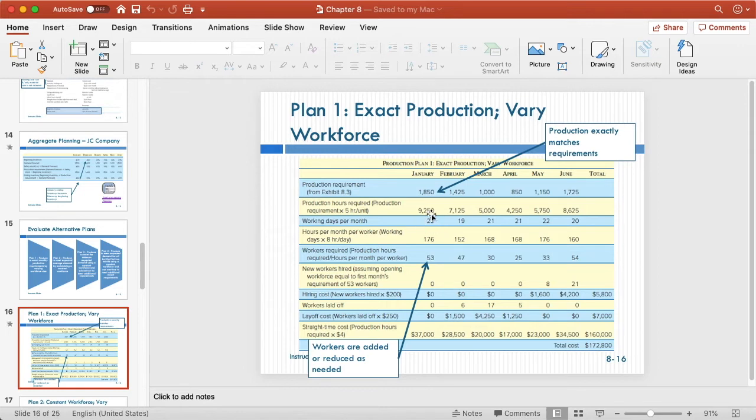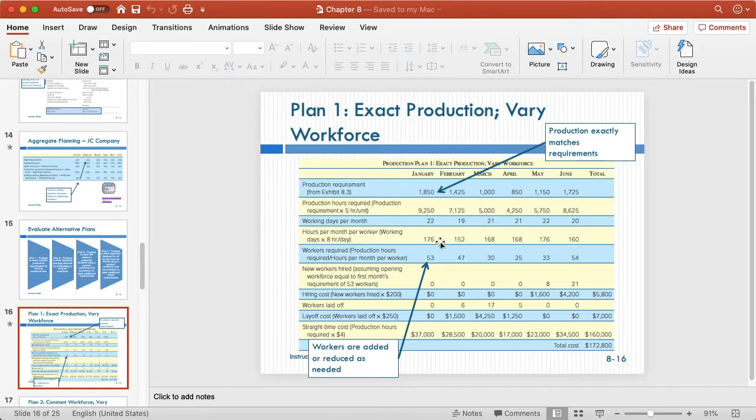Within these 22 days, for every day, every worker regularly works how many hours? 8 hours. So every worker works 8 hours in one day, and specifically in January, works 22 days.